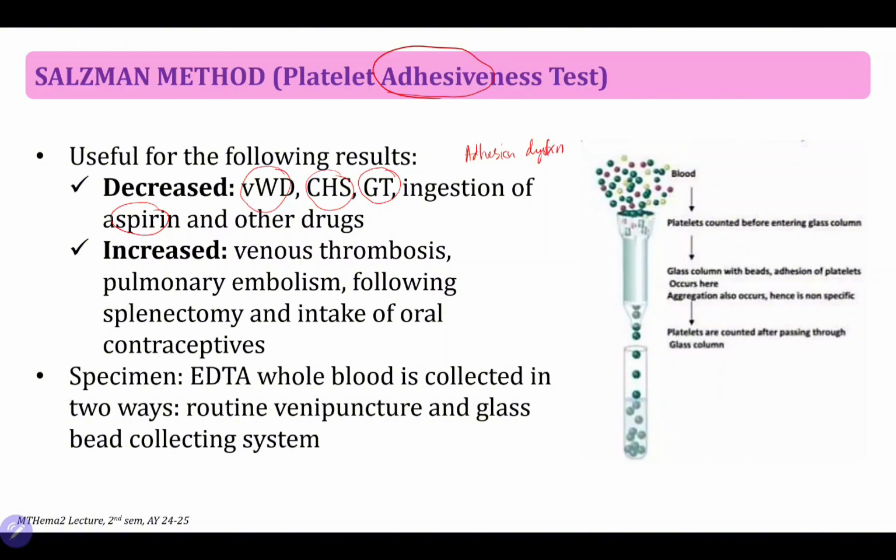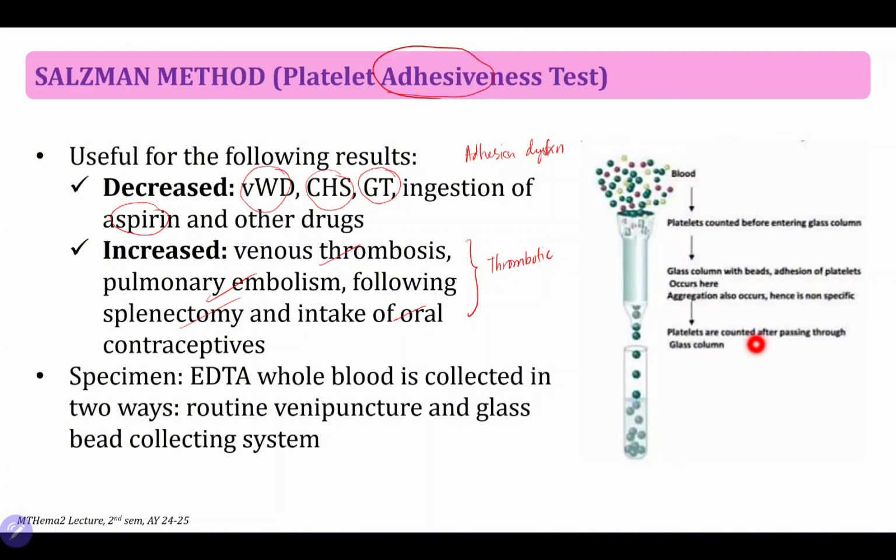Okay? Now, if you have increased adhesion, these are disorders associated with thrombotic disorders or the production of thrombosis. These are your venous thrombosis, pulmonary embolism, splenectomy, and intake of oral contraceptives.